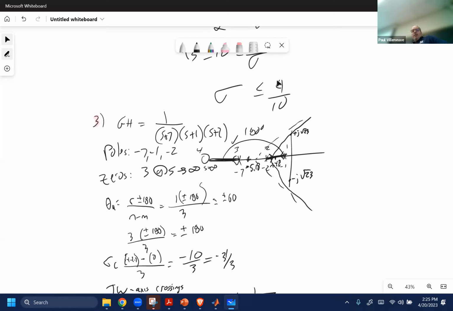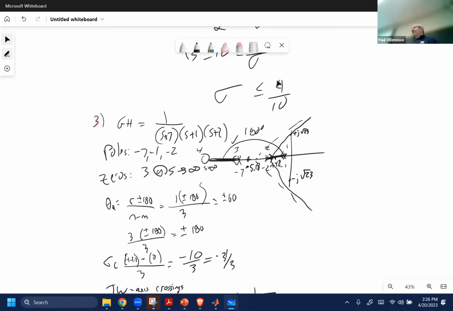The other cool thing about it is hopefully what you start to see is, because you're learning about this process, you can start to see what do I need and what don't I need? Angles of arrival and departure, I don't need them because I'm not arriving or departing complex poles or complex zeros. I'm just leaving real ones. So it's much easier. And I arrive at complex zeros, but they're way out at infinity, so I don't care what those values are.